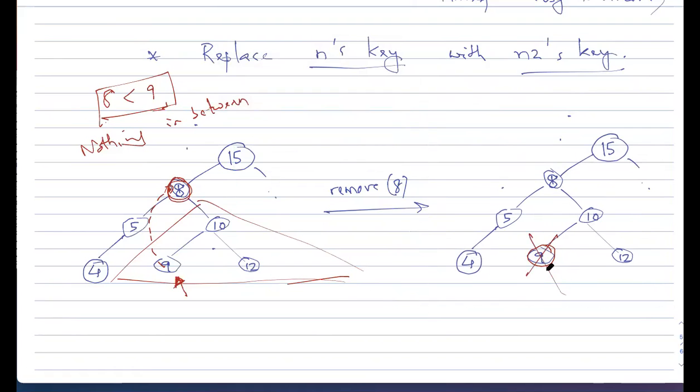So I'm going to remove 9 because it's very easy, and I can just substitute the value of 8 by 9. The value of 8 gets replaced with the key of the node that got deleted, and this becomes a null pointer. This is a very smart way the case with two children is taken care of. Any question? That was the only complication involved.